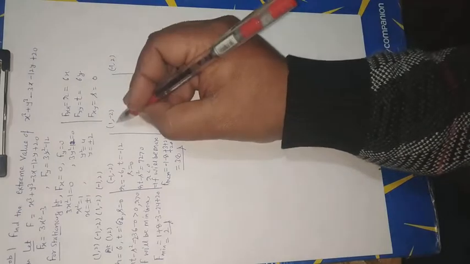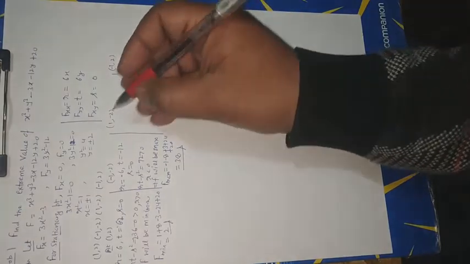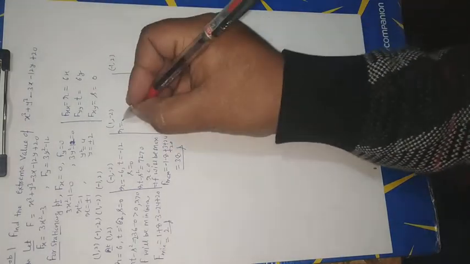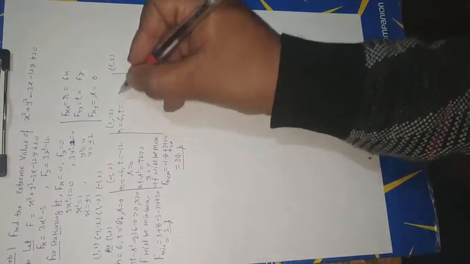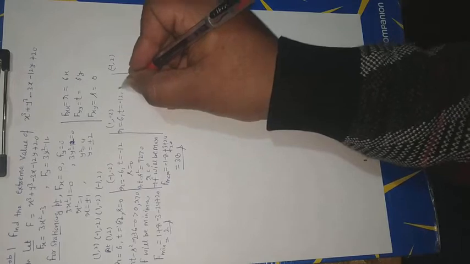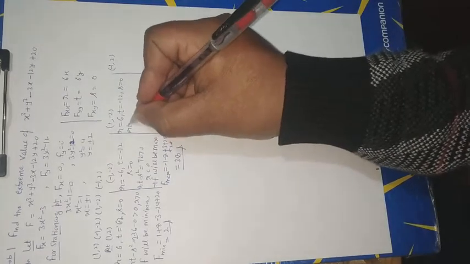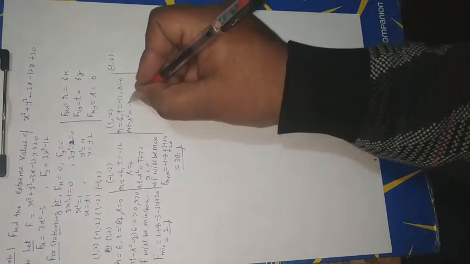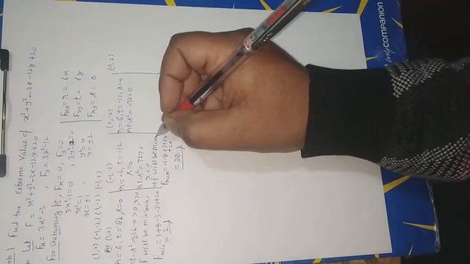Now try at point (1, -2). Now the value at this point: r is equal to 6, t is equal to -12, s is equal to 0. Now rt minus s square is equal to -72, always negative.